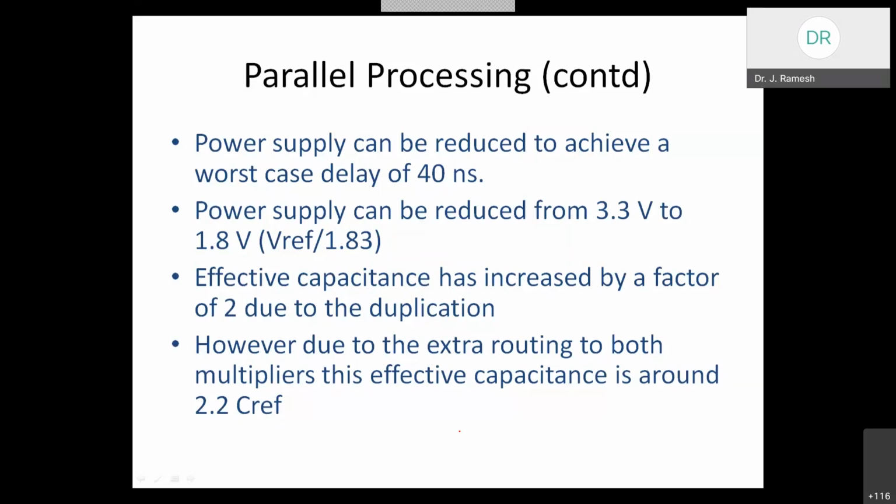The effective capacitance has increased by a factor of 2 due to the duplication of the circuit, because the multiplier architecture is doubled, and because of that the capacitance will also be doubled. With reference to the uniprocessor architecture, it will have 2 times its capacitance. However, due to the extra routing, the effective capacitance is around 2.2 C reference, adding 0.2 times C reference as routing capacitance.